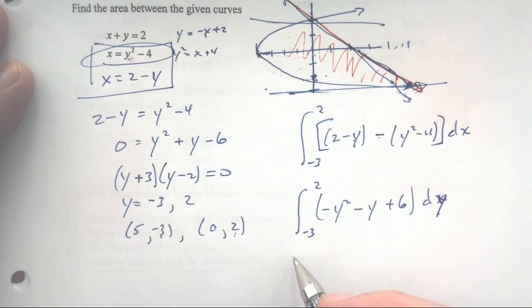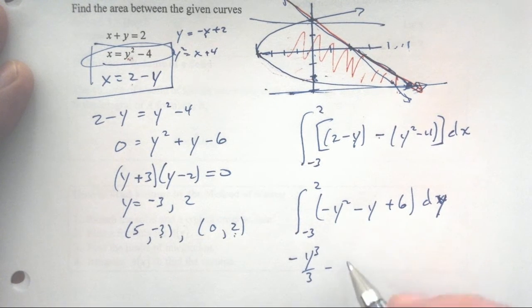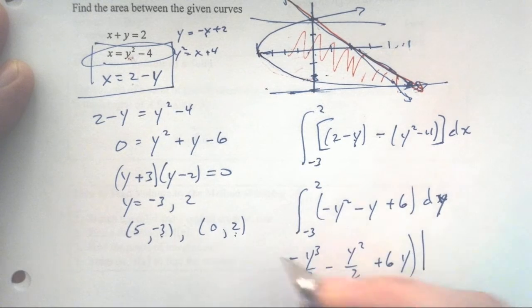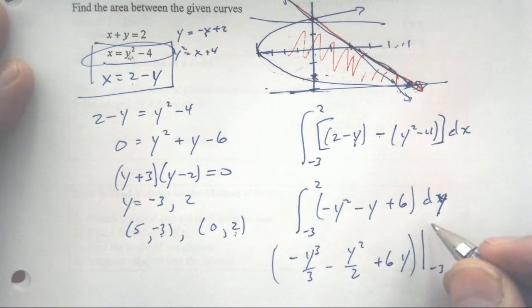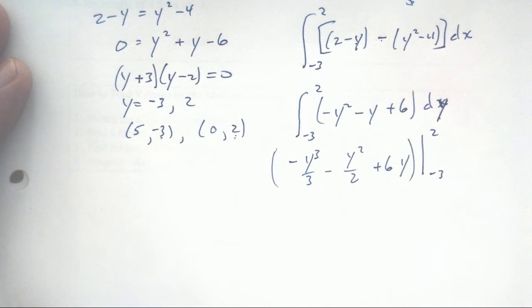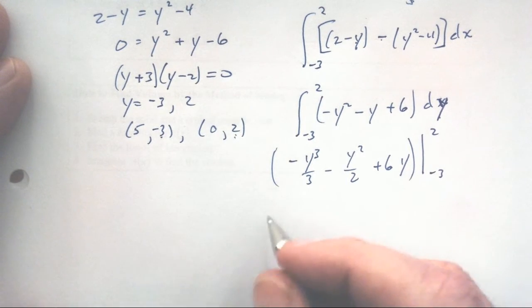So I end up with negative y to the third on 3 minus y squared on 2 plus 6y as y goes from negative 3 to 2. And a lot of familiar values here.